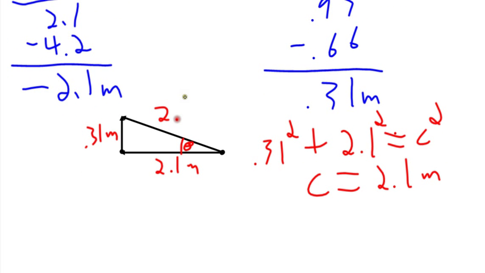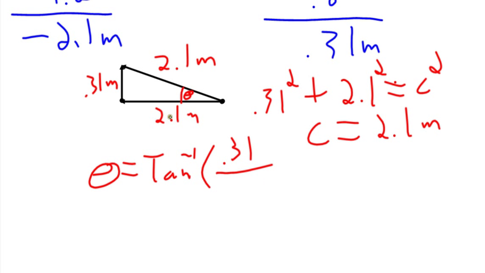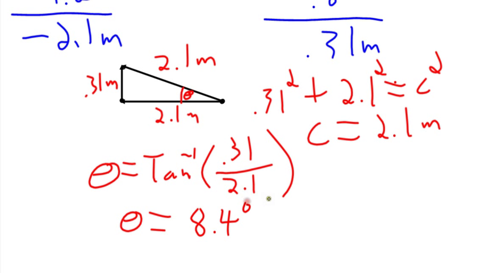We have 2.1 meters. And now we need to find our angle again, so we are going to use tangent again. So theta is equal to the inverse tangent of, in this case, opposite over adjacent. Opposite is 0.31 over 2.1, that's the adjacent. And we get theta is equal to 8.4 degrees.